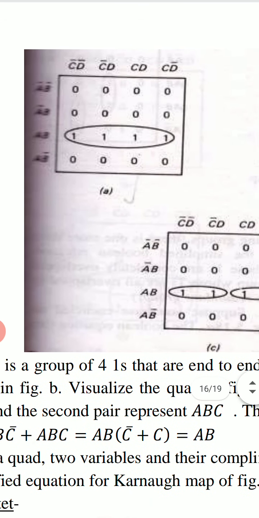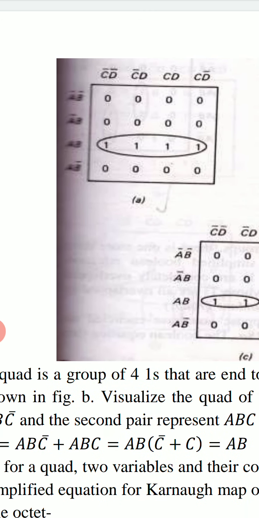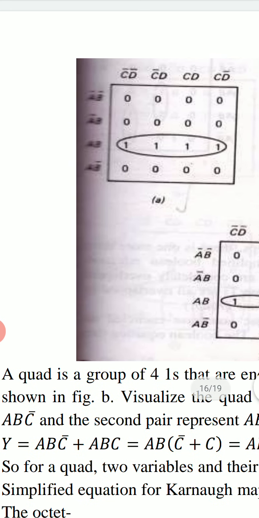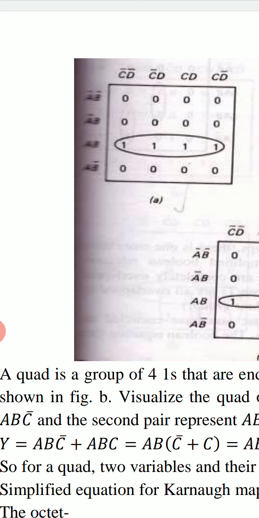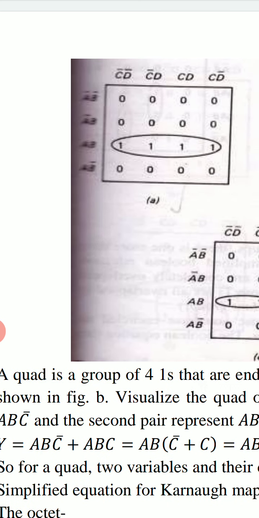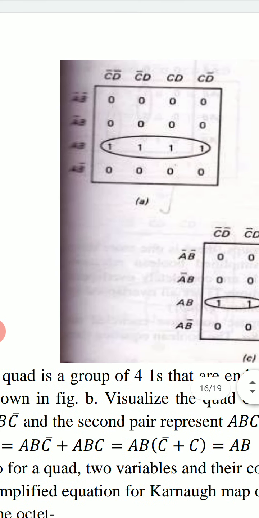If we look at this quad, we can directly write this expression y equal to AB, because on the left hand side for this quad we have AB, and on the upper side first is C bar D bar, then it changes to C bar D, then to CD, then to CD bar.